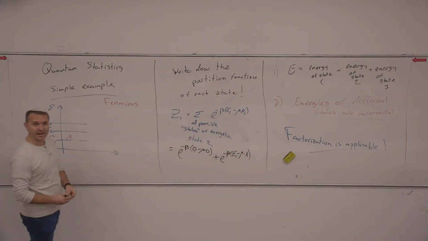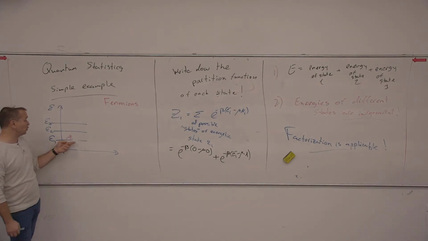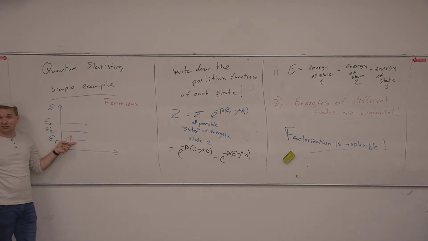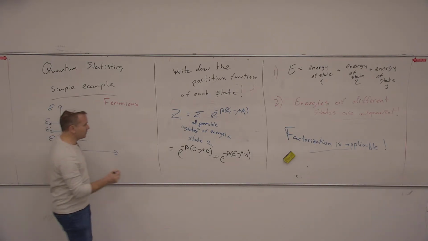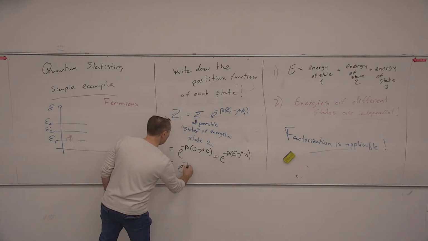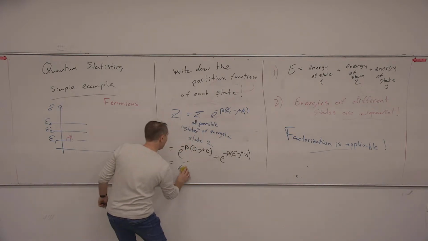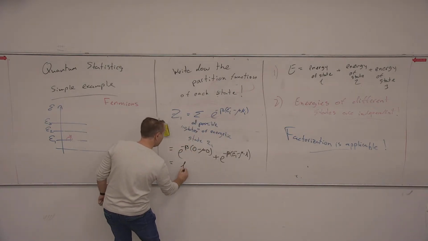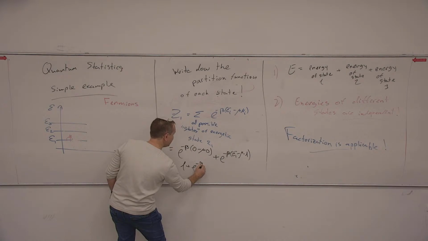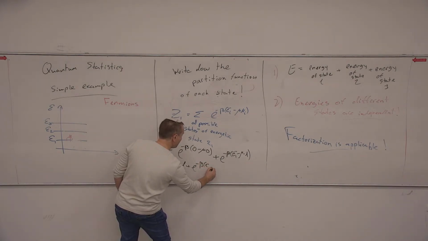Are there any other possibilities for this energetic state? No. We counted them all, and it's very, very simple. So we obtained that it's 1 plus e to the power minus beta epsilon 1 minus mu.